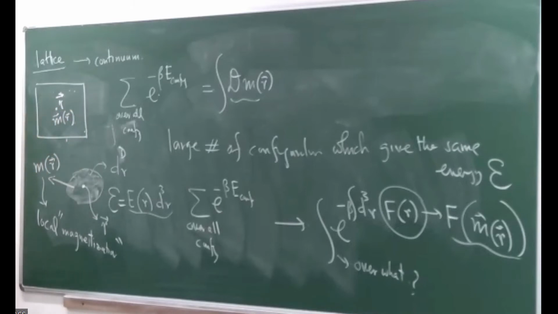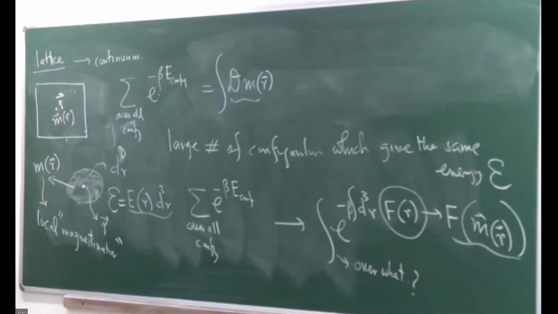So over here, there is a local magnetization m of r, and a particular configuration is given by specifying this function m of r, which tells me that in this configuration, m is, let's say, +1 over here, -1 over here, +0.5 over here, maybe -0.3 here, and so on and so forth.